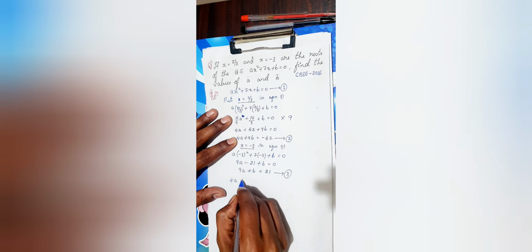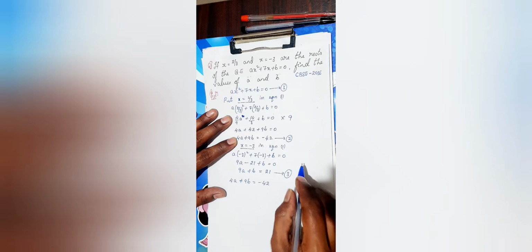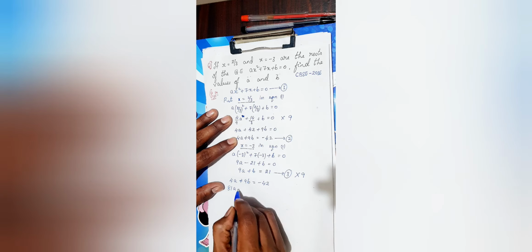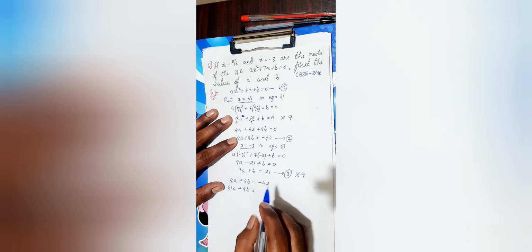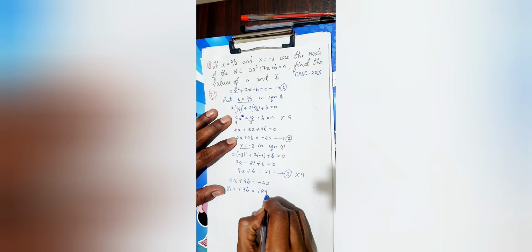Now I'm going to keep equation 2 as it is: 4a plus 9b is equal to minus 42. But I will multiply equation 3 by 9, so 9 9s is 81a plus 9b is equal to 21 into 9, and 21 into 9 is 189.